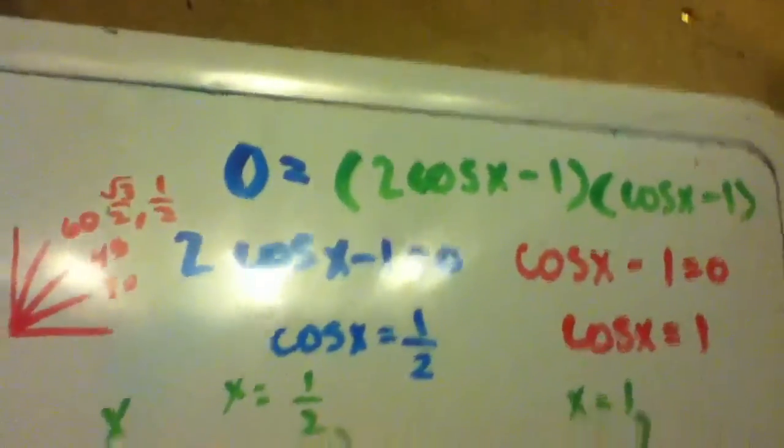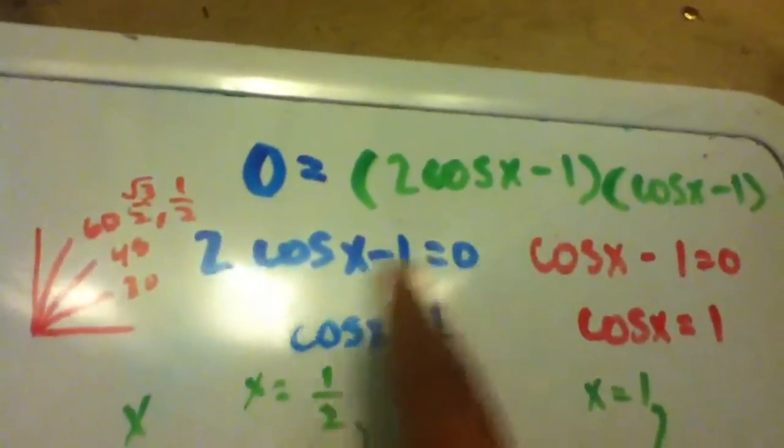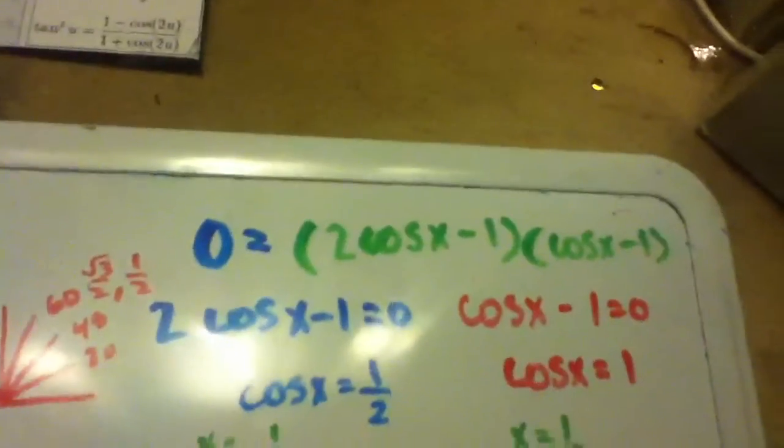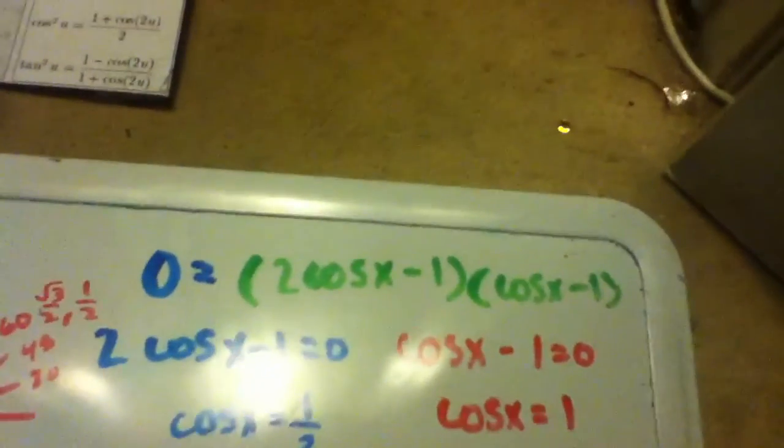For this part we add 1 and divide by 2 to get cosine x equals 1/2, and for this one we just add 1 to the other side.